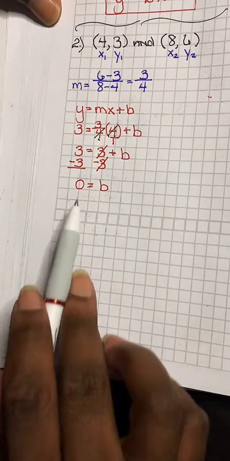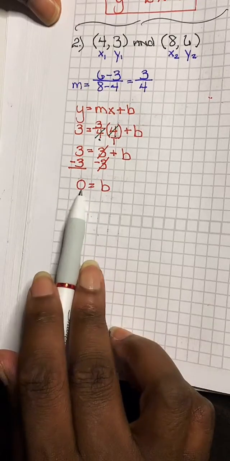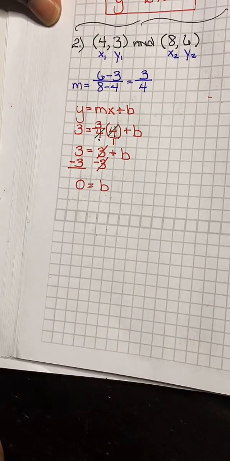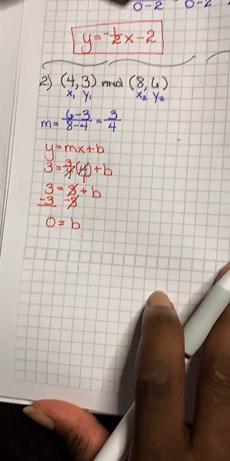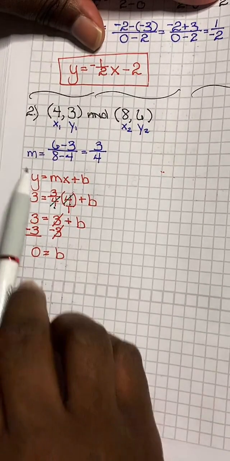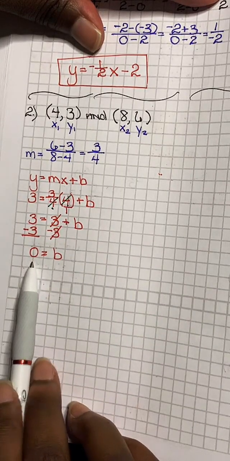All right. So we have to have a placeholder over here so we can even out the equation. So now let's put it all together. We need our slope, which is 3/4. We need a y-intercept, which is 0.